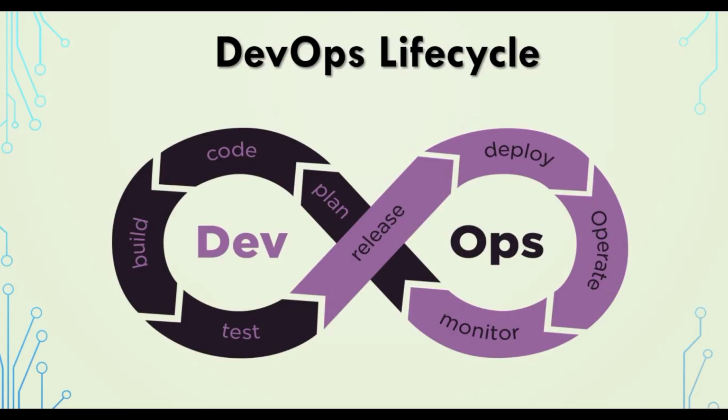Every stage has continuous feedback, and you get good collaboration between the development and operational teams. So those are the DevOps lifecycle stages you just need to know: planning, coding, building, testing, release, deploy, operate, and monitor.